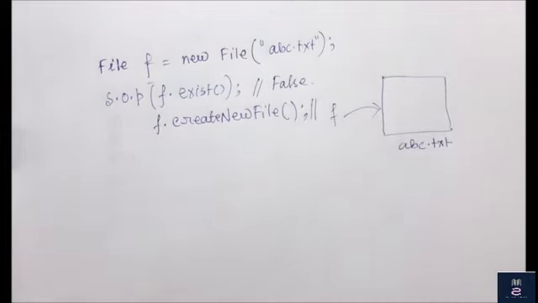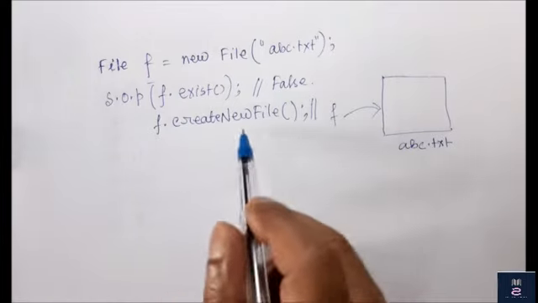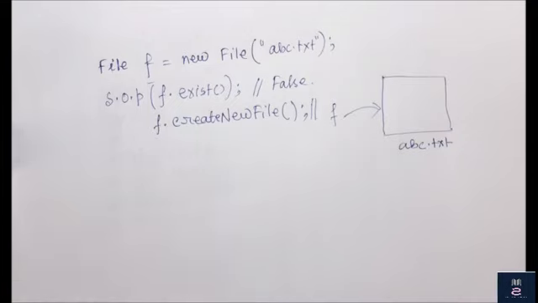If the file is not present in my directory, then the createNewFile function will create the physical file abc.txt in my directory, and f is a file object that will point to this abc.txt.